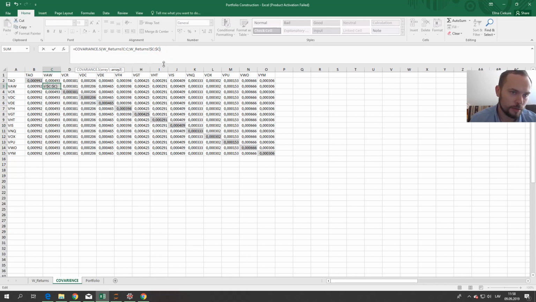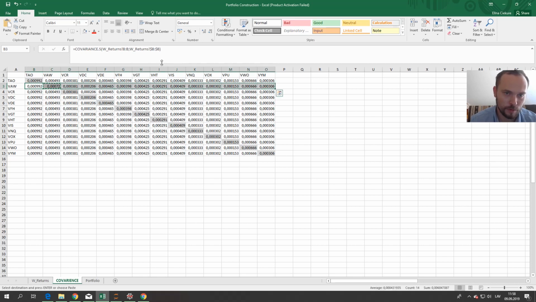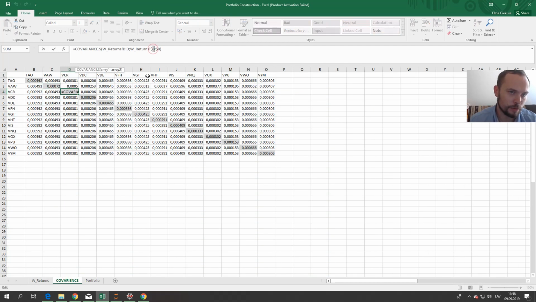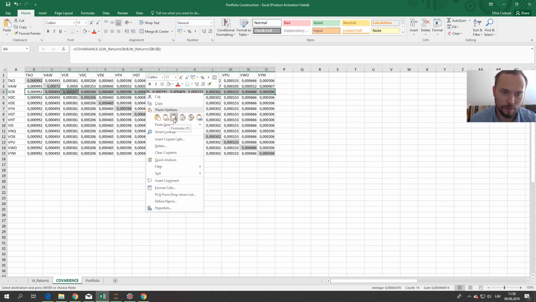Of course, it might also seem convenient for you to do this action in the same sheet as the returns, then you can actually visually drag them. But believe me, if you have a lot of these assets, if you have like 30 or more, then it will be a problem.